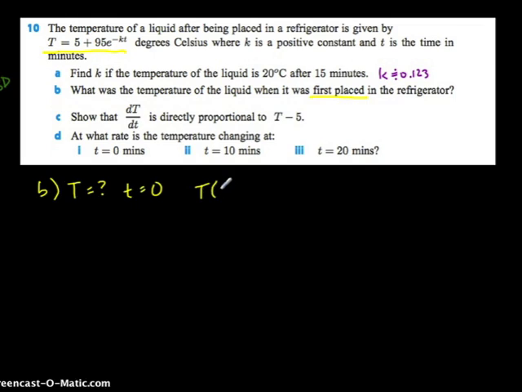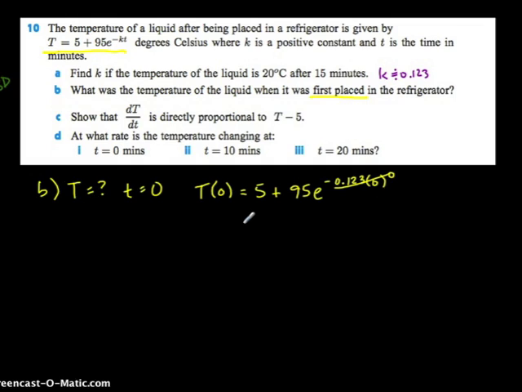So at time equals 0, looking for my temperature, I'm going to have 5 plus 95 e raised to the negative 0.123. That negative was there from before, so k itself is still technically positive, and my t value is 0 for my time. So let's go ahead and work out this pretty straightforward evaluation. I've got a negative number times 0. Well, anything times 0 is going to be 0, so that goes out.